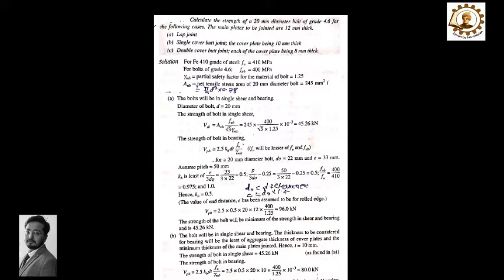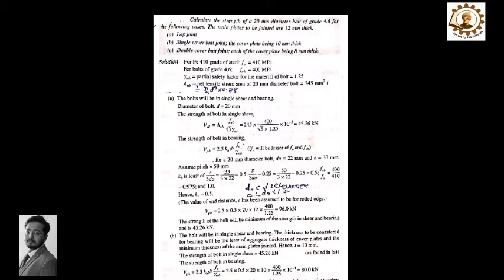You can easily understand from the main formula you have already written in your notebook in the previous class. So ANB is 245. As we found just before this, FUB is 400 and root 3, and gamma MB is 1.25. This value will be in Newton because FUB is in Newton per mm square.